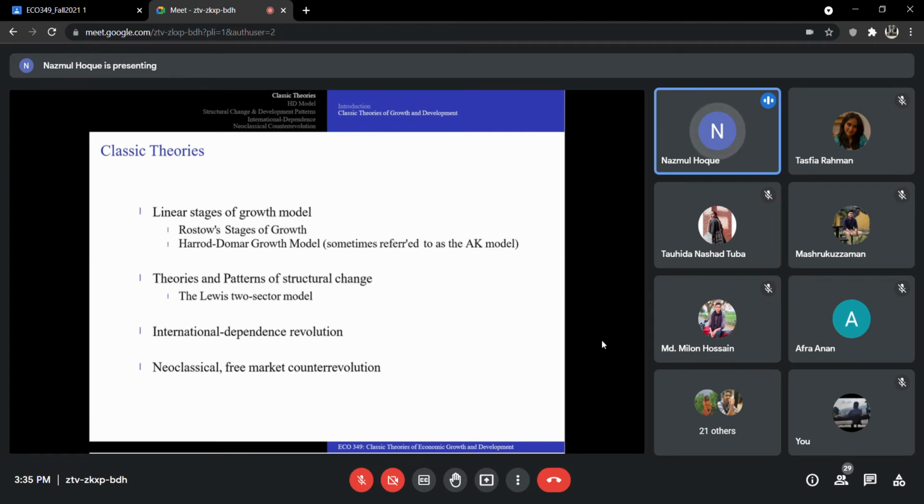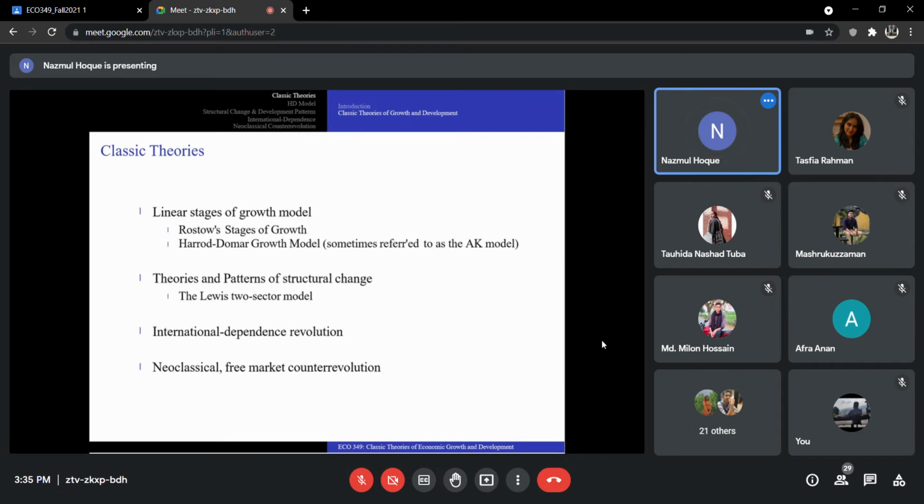In the 70s, however, this theory was replaced with something called patterns of structural change, and another group was the international dependence revolution.